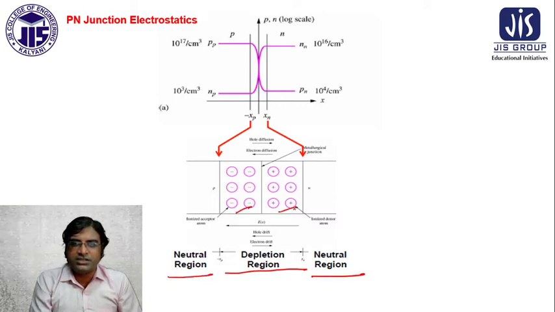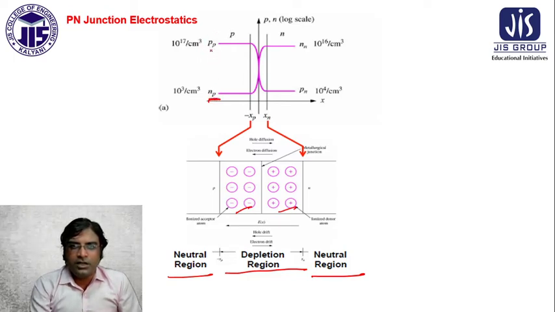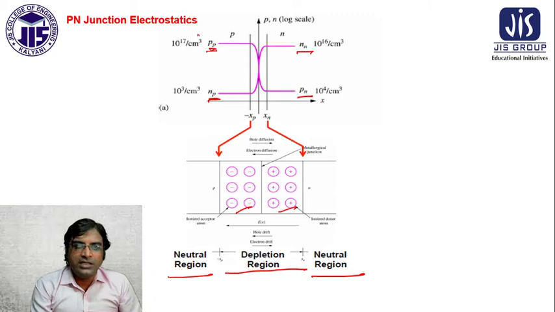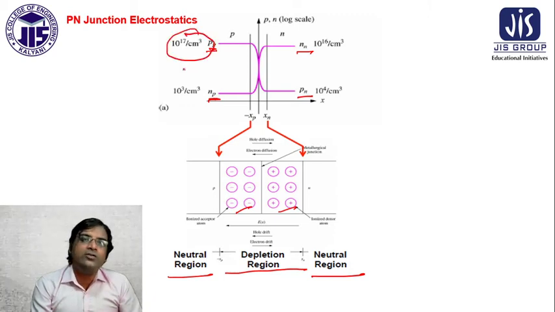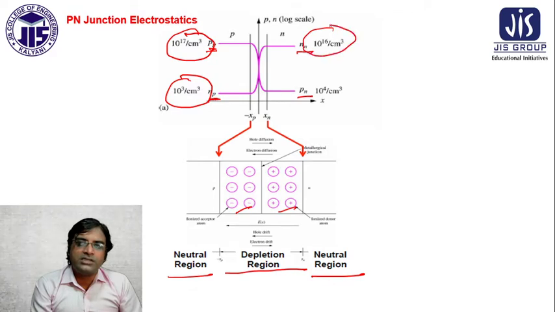This is the depletion region, and it represents the values of pp, np, nn and np, which are basically of the order of 10 to the power 16 per centimeter cube, and so on.